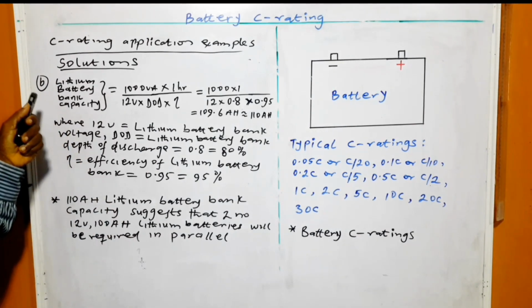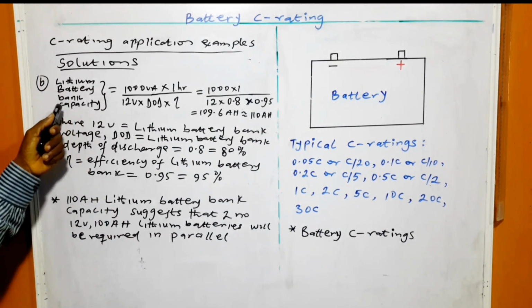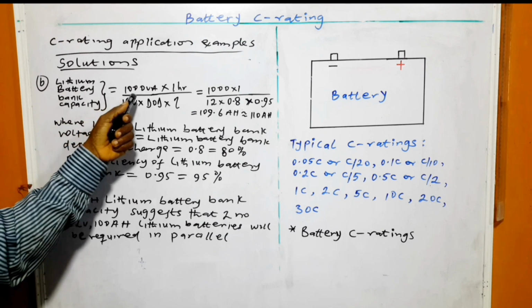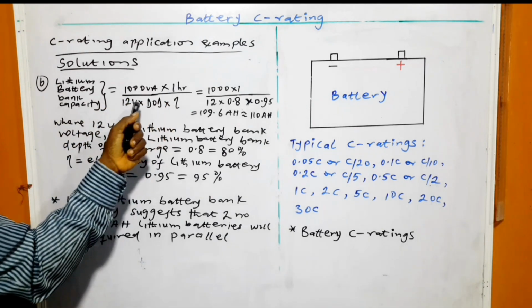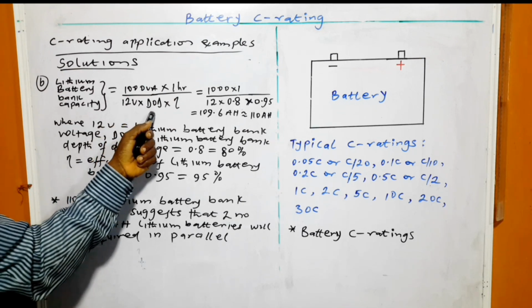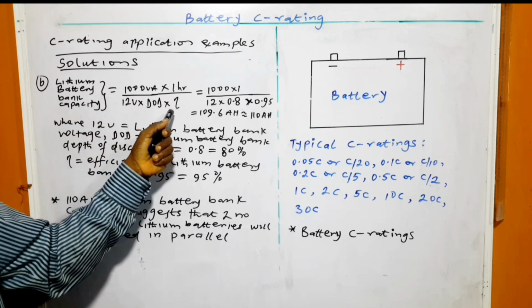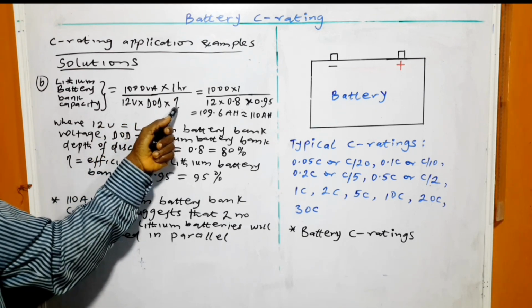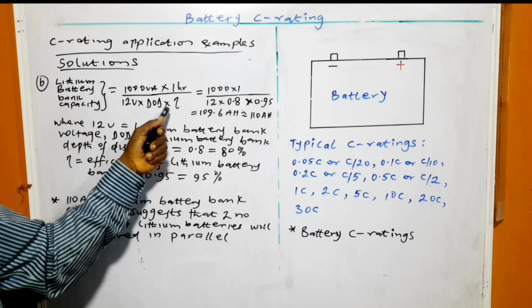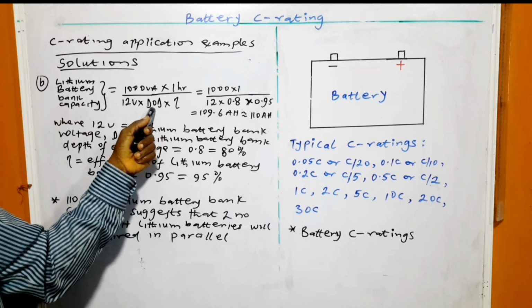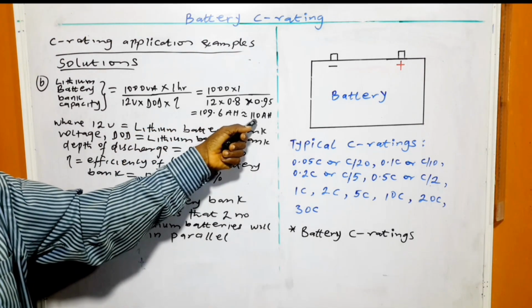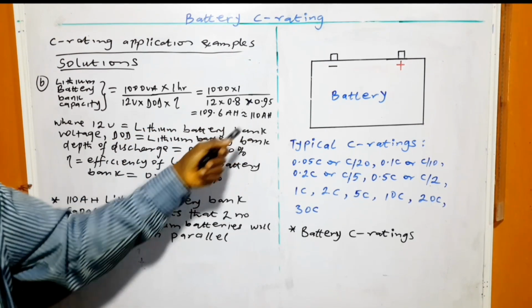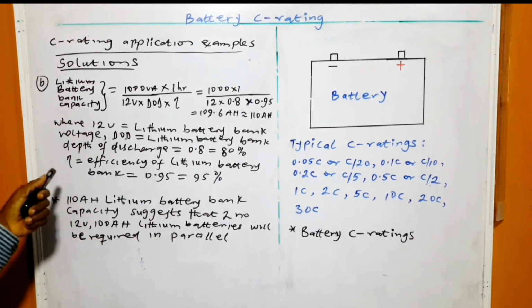Now solution B. Lithium battery bank capacity is equal to 1000 VA times 1 hour divided by 12 volt times DOD times efficiency. This is the efficiency of the lithium battery, and this is the depth of discharge of the lithium battery as well, giving us approximately 110 ampere hour.